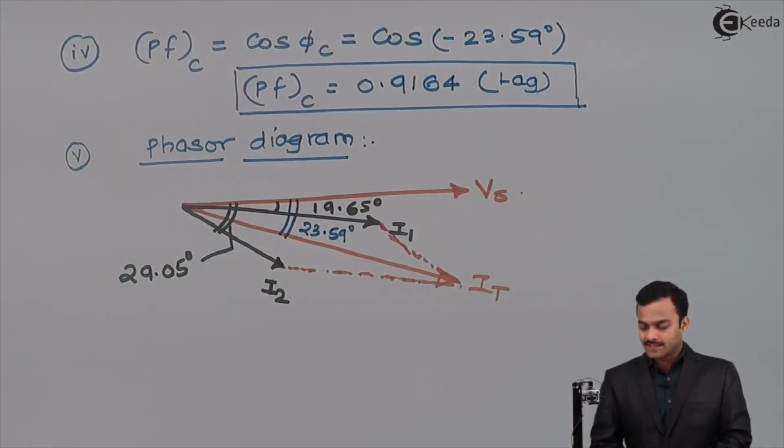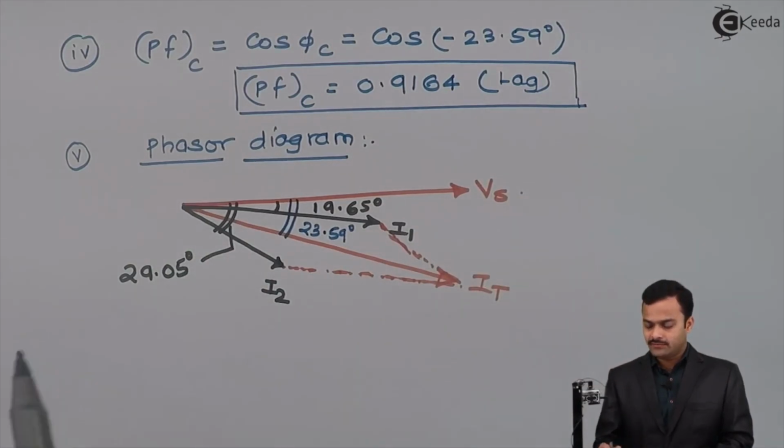Being a parallel circuit, I have taken voltage as the reference, and with respect to voltage, all the currents are marked in the phasor diagram. Thank you.